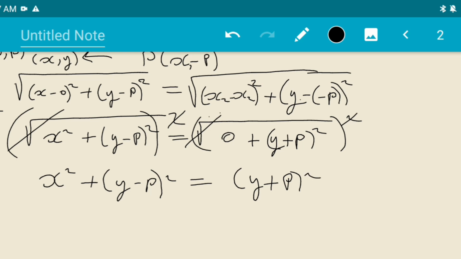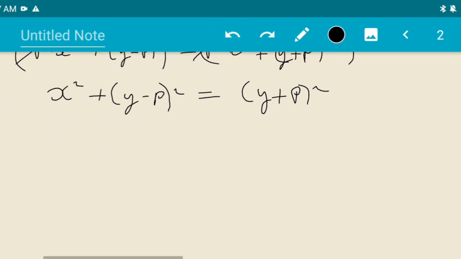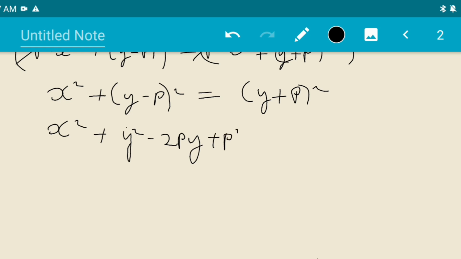Okay, now let's expand these, which are in brackets. So to expand these, we're going to have x squared, plus y squared minus 2py plus p squared.